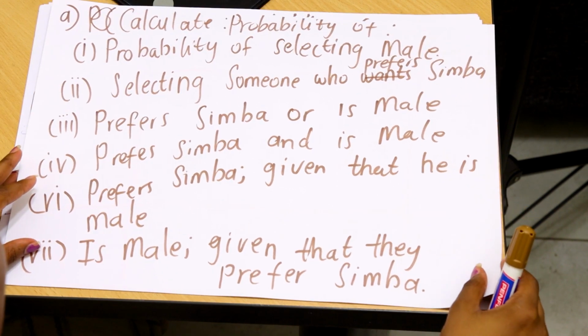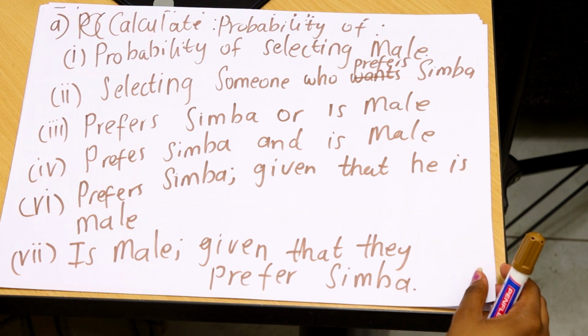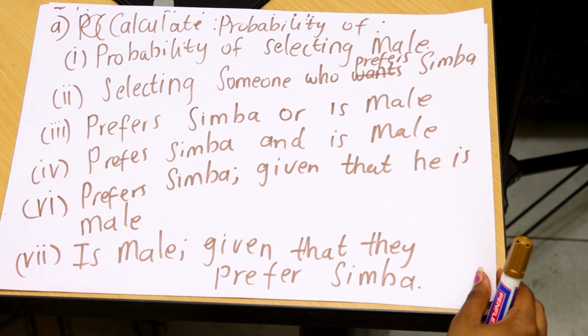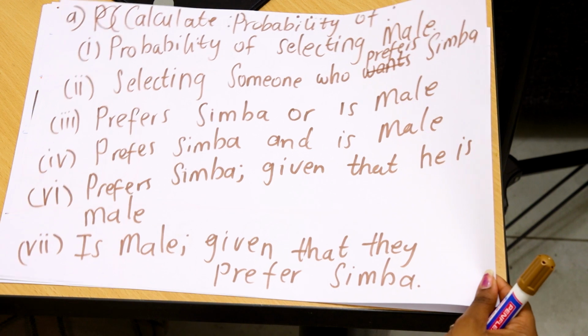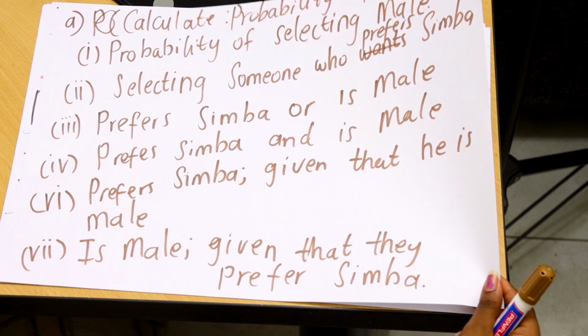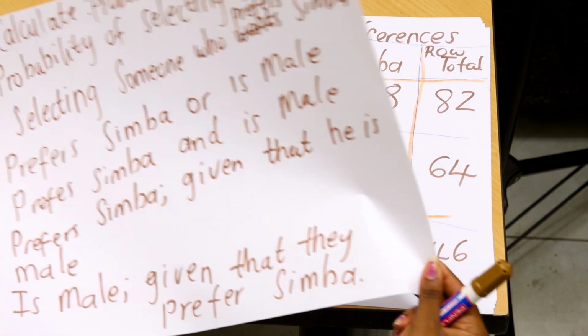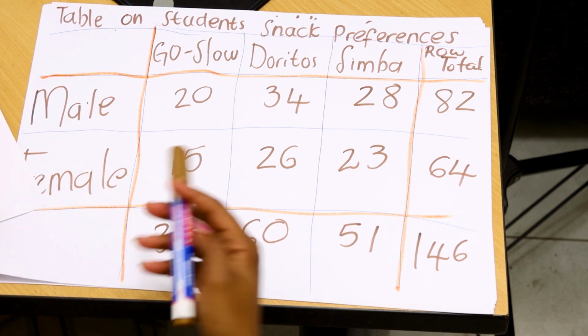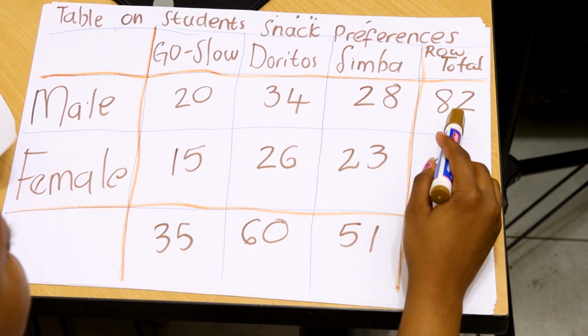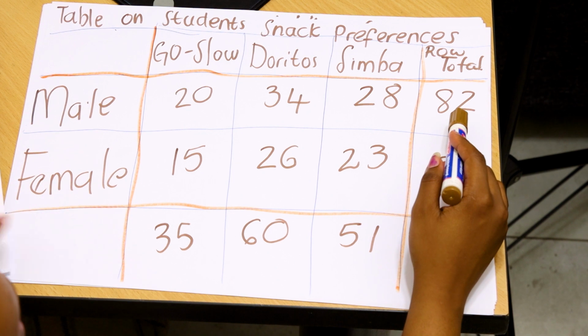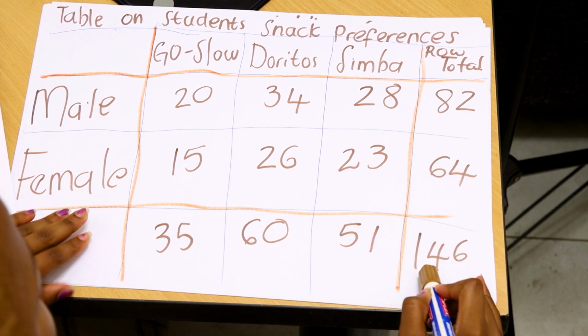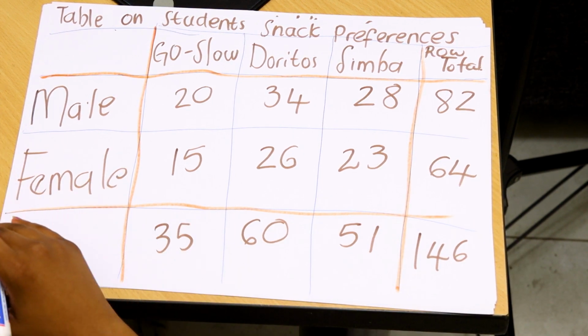So the first question wants the probability of selecting male, that is the marginal probability. To find the probability of selecting male, you go to the total for male, which is 82, and then the total for the sample, which is 146.